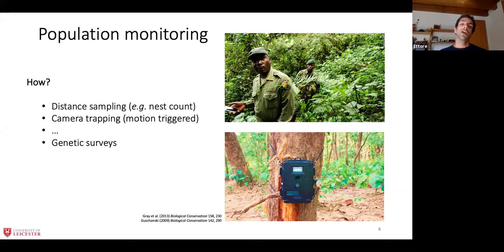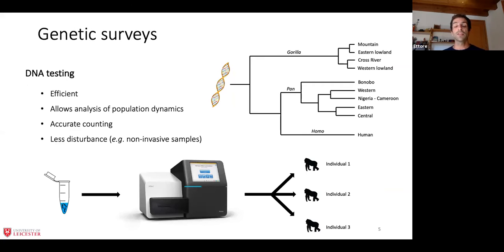But there is another method which is still under development, and that is genetic survey. Genetic survey is done via DNA testing. Compared to other methods, it's efficient, and the cost of running DNA testing is decreasing year after year, and it's more precise.